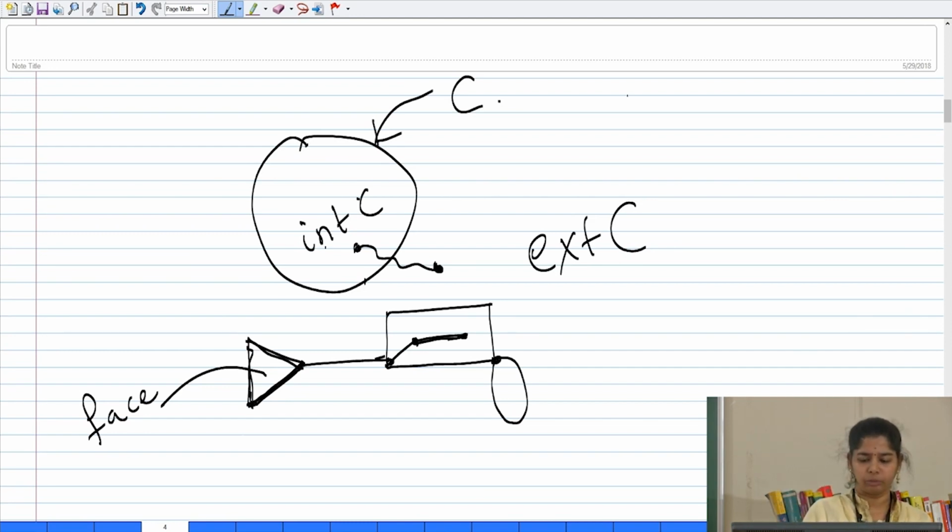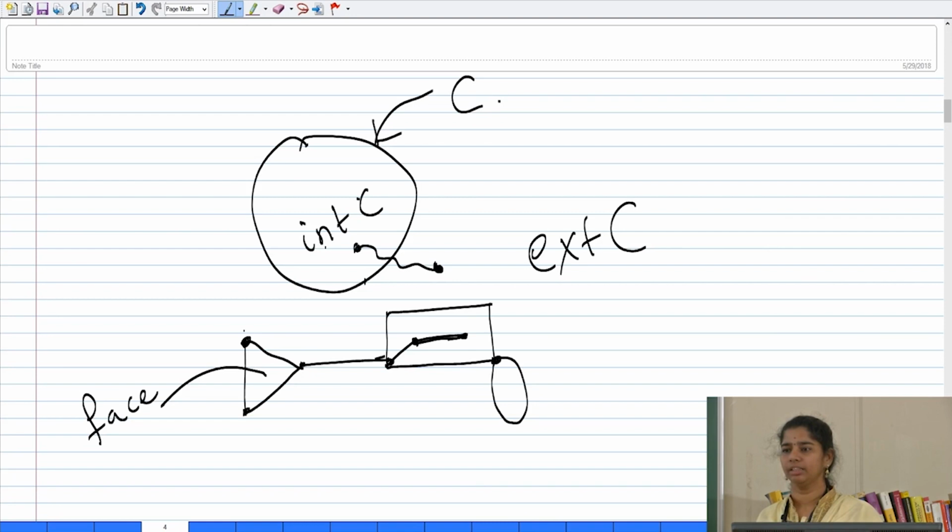So, in connection to this, how many faces are there here? 4, 5, 6, 7. Any closed path or cycle, if it is there, the interior of that is going to be a face.